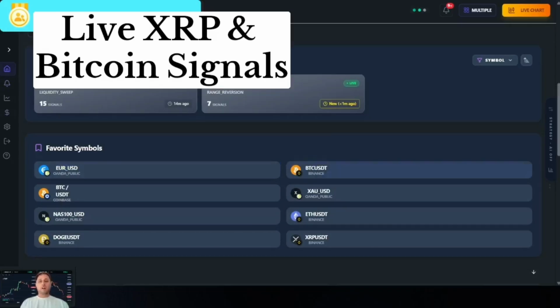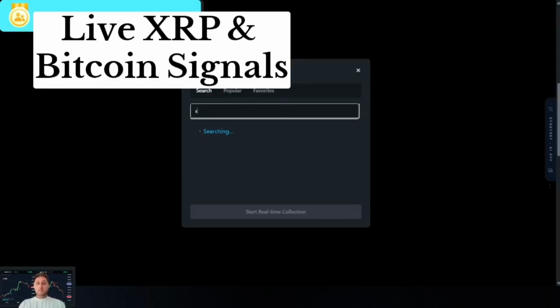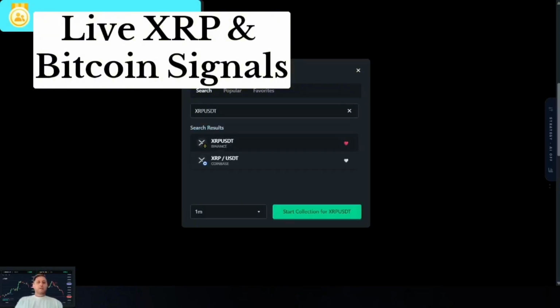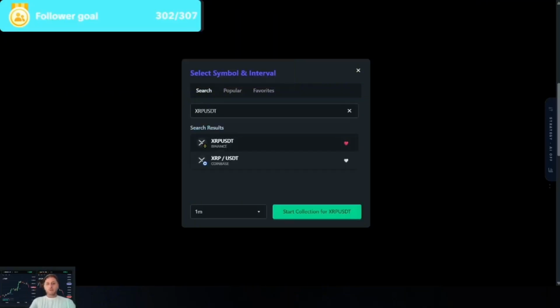Okay, now the last one, XRP. Where's XRP? We have to search for it. XRP USDT. Yeah, I will use Binance. Coinbase as well, but I would stick with Binance for now.